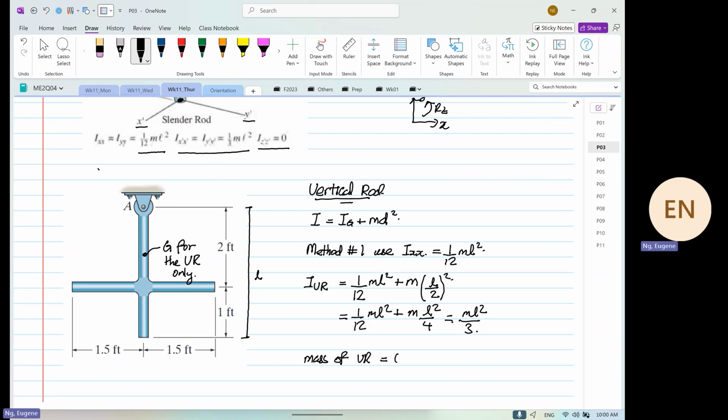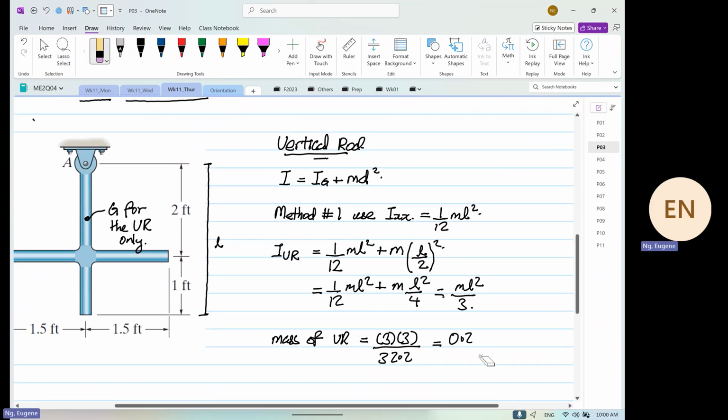This will become 3 multiplied by 3 divided by 32.2. The number looks familiar. So it's equal to 0.28 slug.